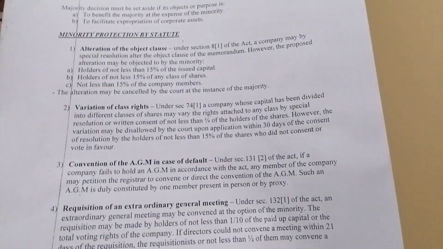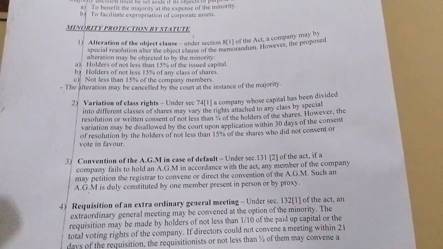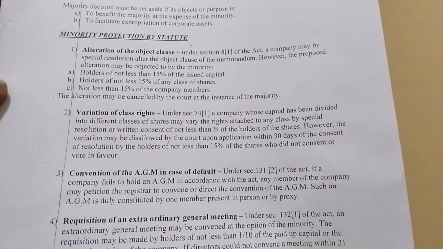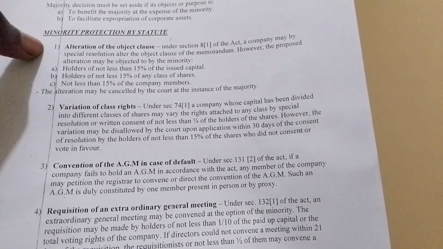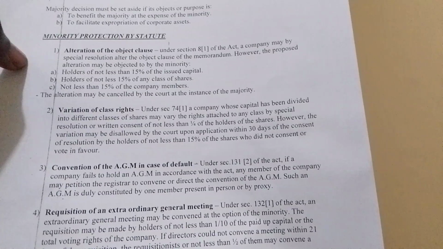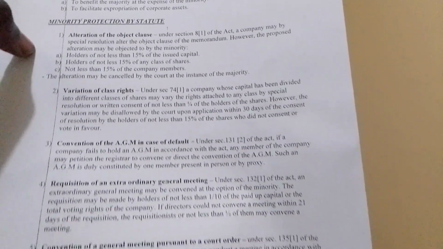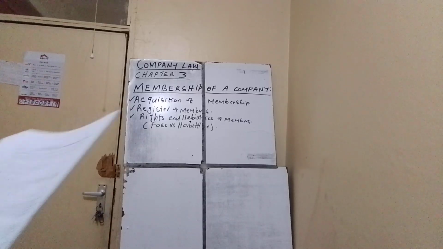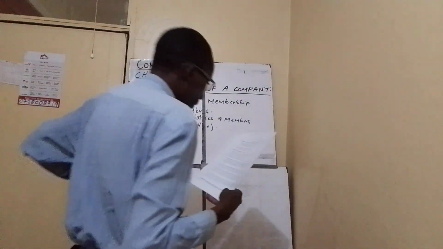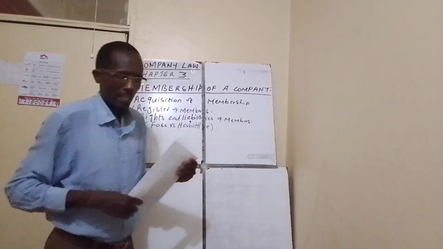We've seen 3 ways of protecting the minority through common law. Now we are looking at protection of the minority interest by statute. Now I go through them very fast. So through statutes, one is the alteration of the object clause.